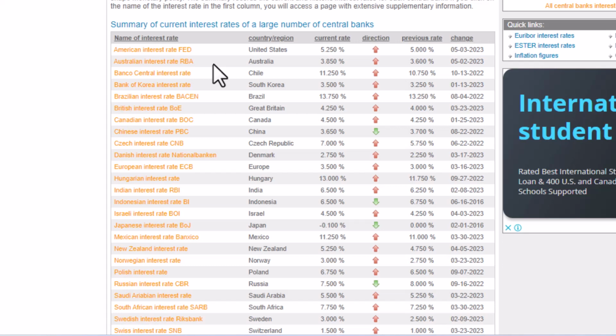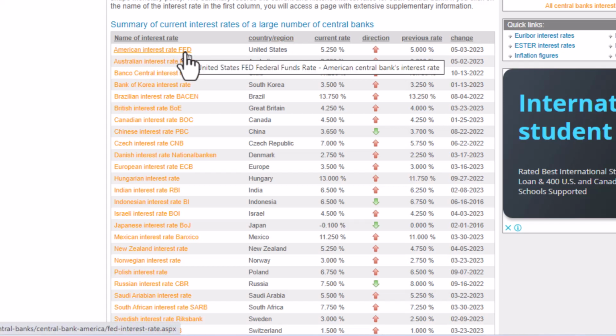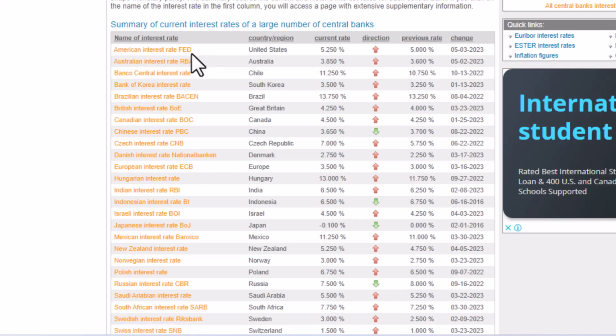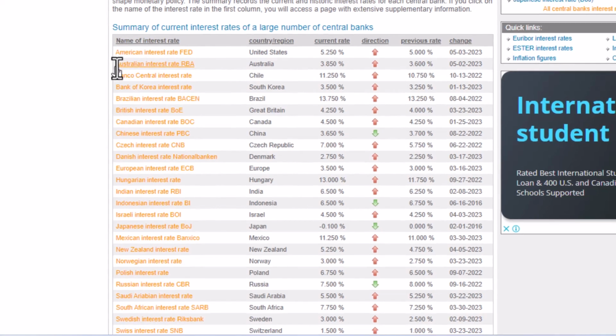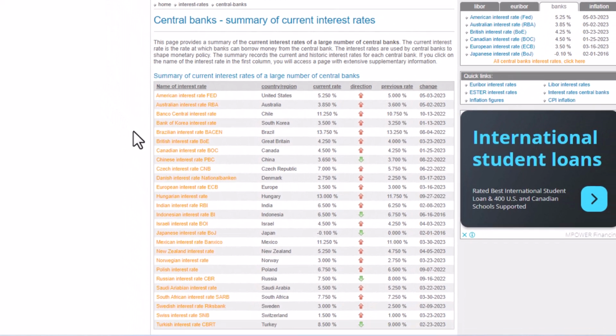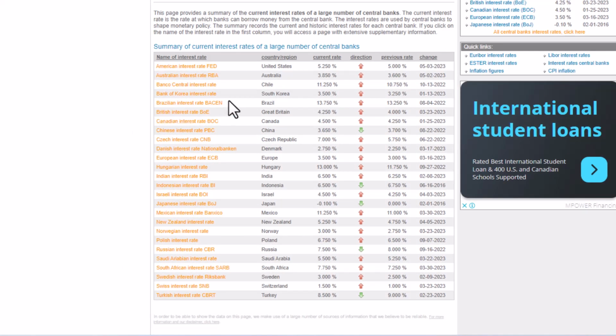For example, if I say American interest rate, Fed, when you say Fed, you understand Federal Funds Rate or Federal Reserve. It simply means the Central Bank of the United States, which is the Federal Reserve, right? For the United States, you see the interest rate is 5.25 percent.